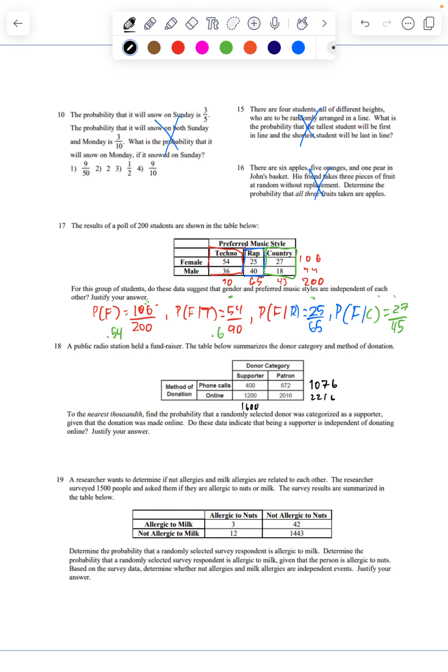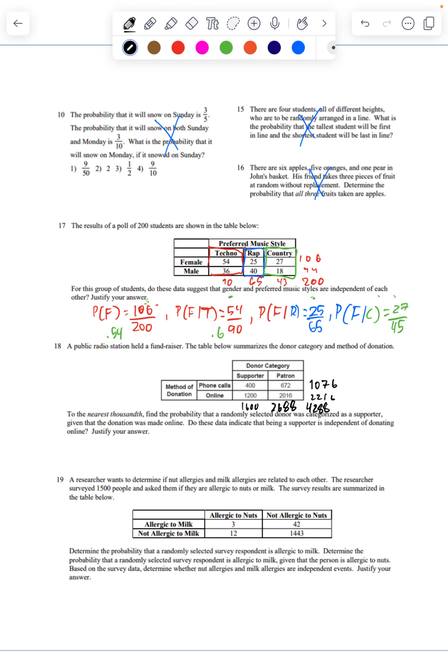Calculator. 672 plus 2016. So that's going to be 2688. And if you add this up, 2688 to the 1600, you're going to get 4288. So that's your total. That's what you're counting out of.